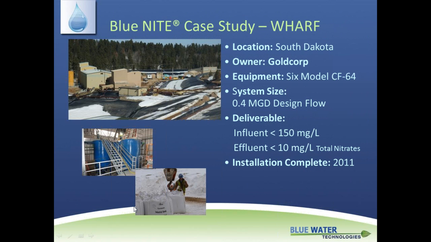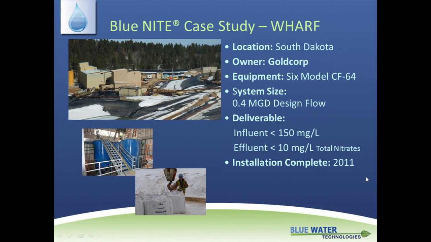We've done a lot of these applications in the mining industry. Here's one of those. It's in South Dakota. They're running this to remove a very high level of influent nitrates, 150 milligrams per liter, and their target is less than 10. Typically, they're actually operating at non-detect coming out of the system, just again because of its high efficiency.